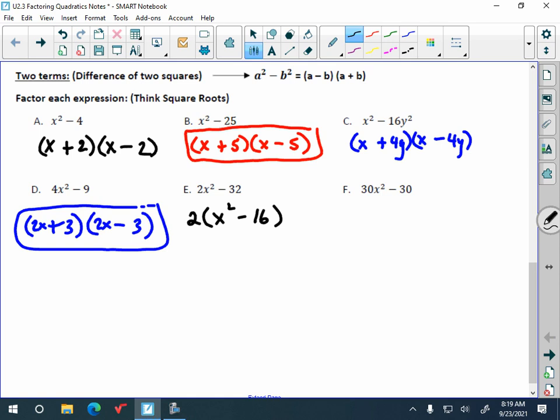Now, x squared and 16 are both perfect squares, so that will factor further into two more binomials. One's plus, one's minus. We're going to bring that 2 directly down in front. We break up the x squared as x and x, and we can break 16 up as 4 and 4.